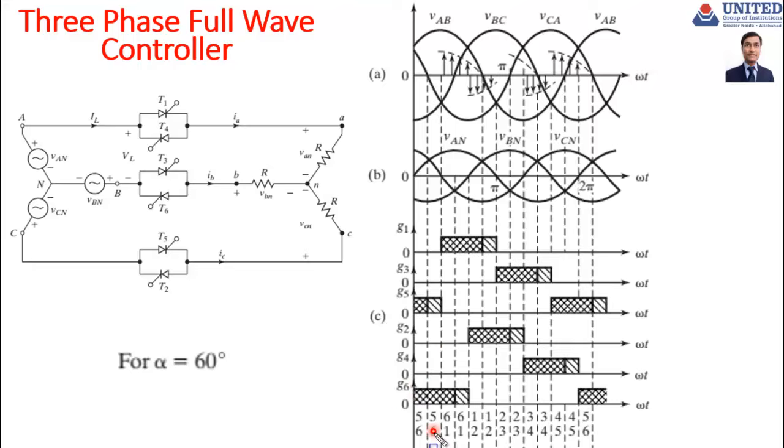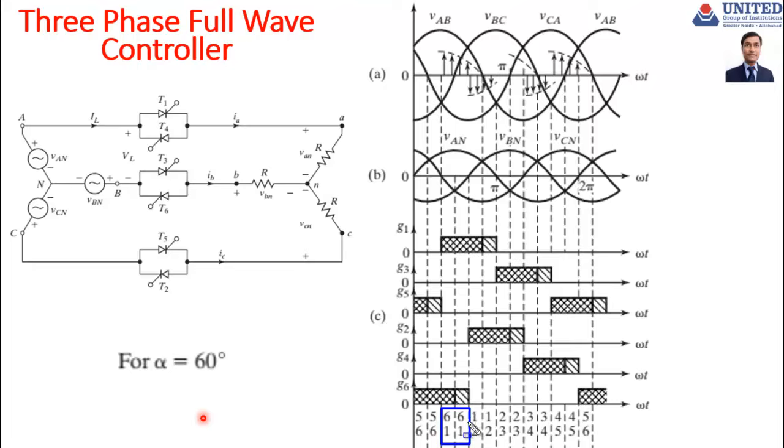From all these gate pulses, we can notice that in the first interval, when the T1 gate pulse is applied at this point, thyristors 6 and 1 are conducting.